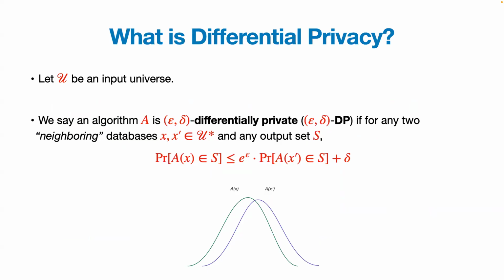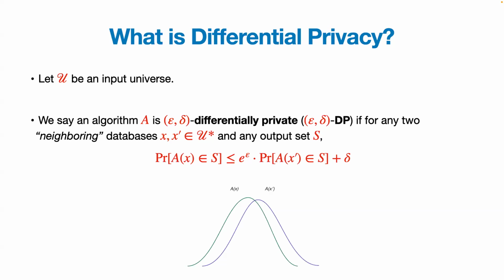So first things first, the definition of privacy that we will use is epsilon delta differential privacy, also known as approximate DP. I won't spend too much time on this definition because I'll try my best to keep the differential privacy parts in a black box as much as I can.